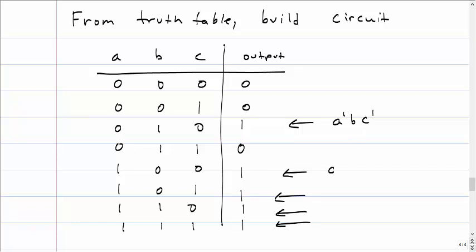Likewise, A, B complement, C complement; A, B complement, C; A, B, C complement; and finally A, B, C. These are all ANDed together. The A complement, B, C complement are all ANDed together. However, all of these 5, any one of those would make this true.